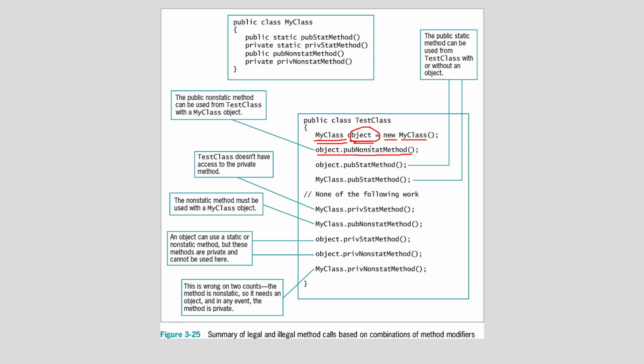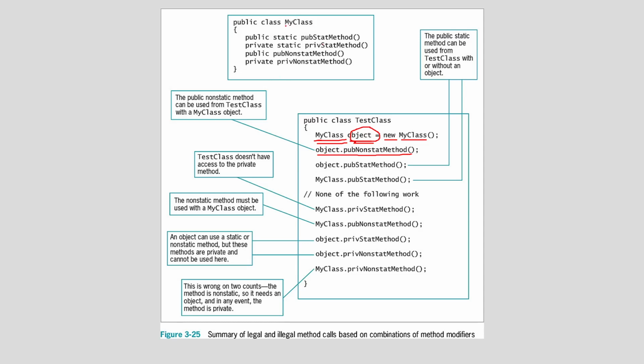This is how we create an instance of a class. And this object named object will be used to access the public members of MyClass, like this one.